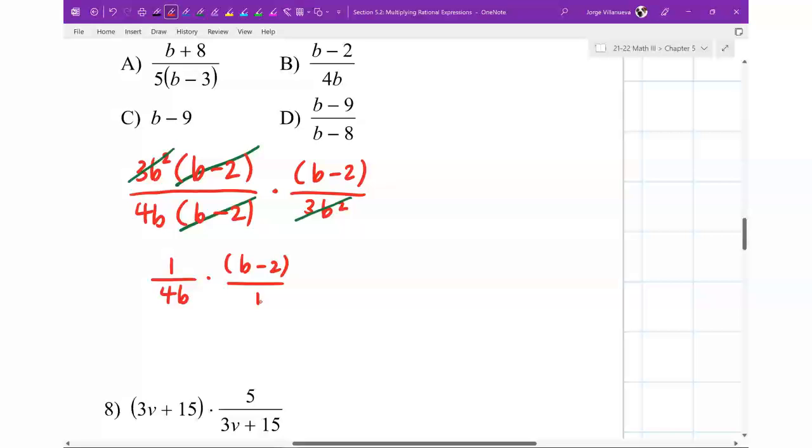Because we got rid of everything on the top left, we got rid of everything on the bottom right, so let's just put a number 1 there just as a placeholder. So if I multiply this out, this becomes b minus 2 over 4b. And that's option B.